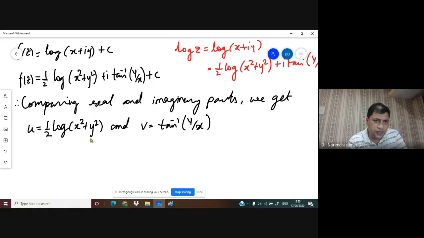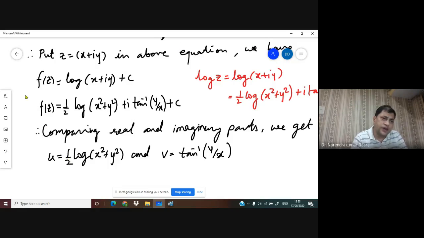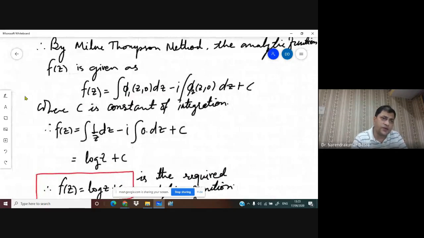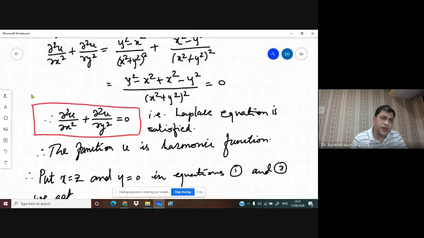Now the question is whether we got this correct or not. We can verify by comparing with the given.